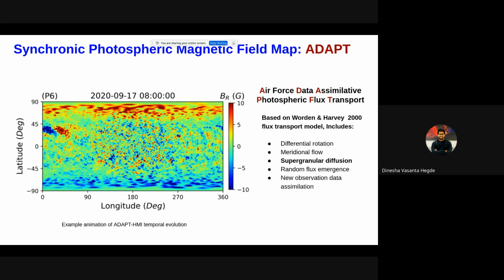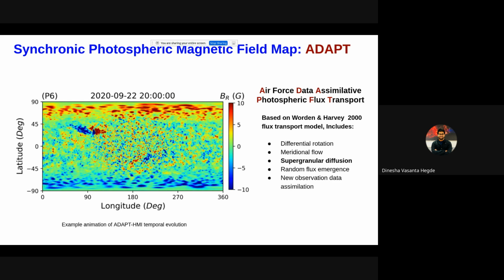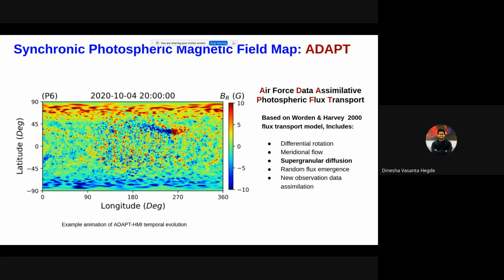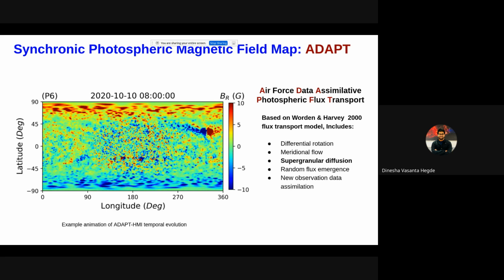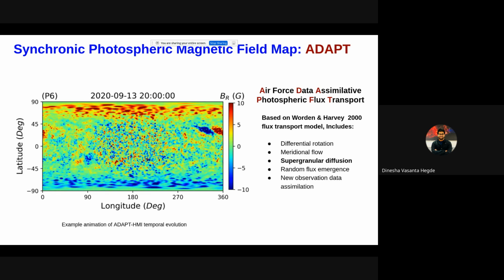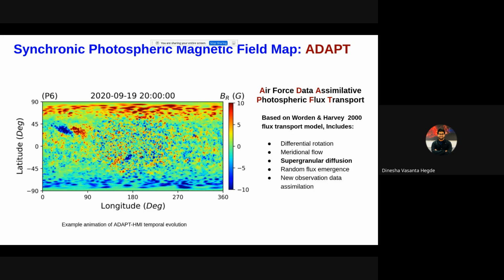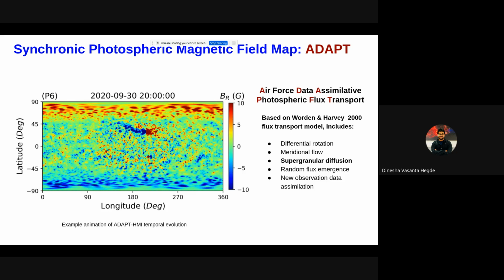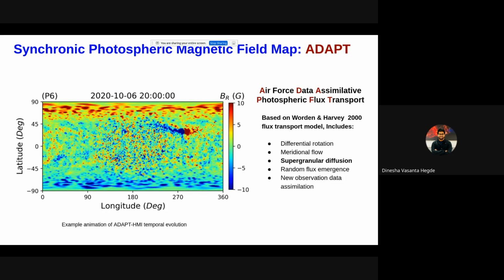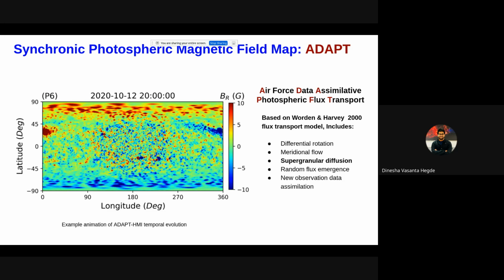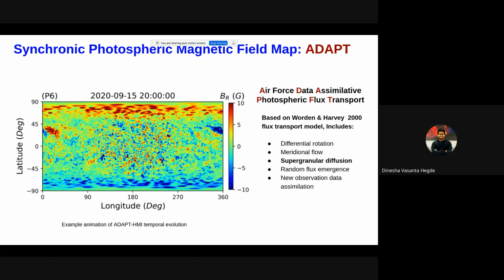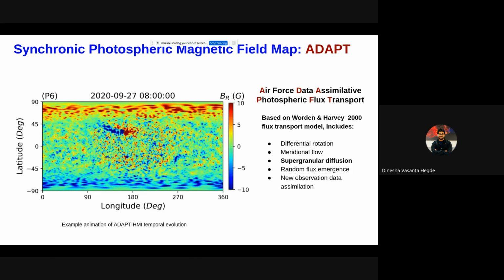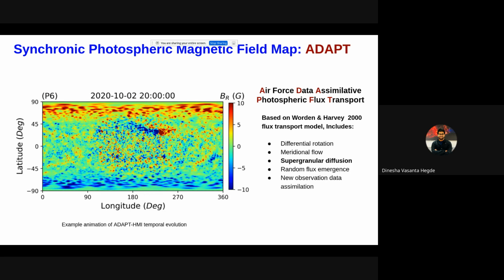Let me start with the photospheric magnetic field map from ADAPT. You can see here the global photospheric map, which is changing in time because I am running a simulation with time-dependent boundary conditions, which is quasi-time dependent in terms of the corona, but for the photosphere we can at least see the time-dependent modeling results here. The central patch here looks like a high resolution patch.